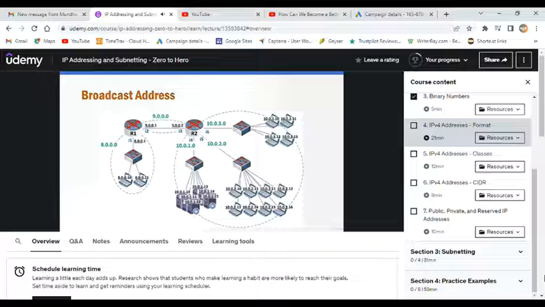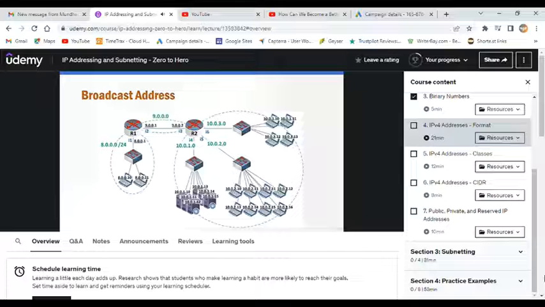For now, just know that /24 means that the first 24 bits, or 3 times 8, which is 24, or the first 3 octets, represent the network portion. So 8.0.0 is our network portion, which is exactly 24 bits.